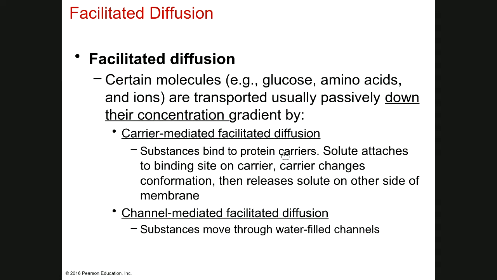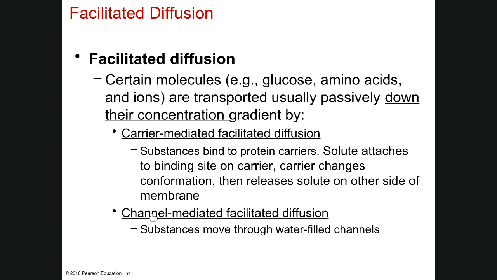So you'll have a solute attached to a binding site on that carrier. The carrier is a protein, so it changes shape, and this causes the solute to be moved to the other side of the membrane. Your solute is actually going to bind to it directly, causing that carrier to change its conformation, its shape.